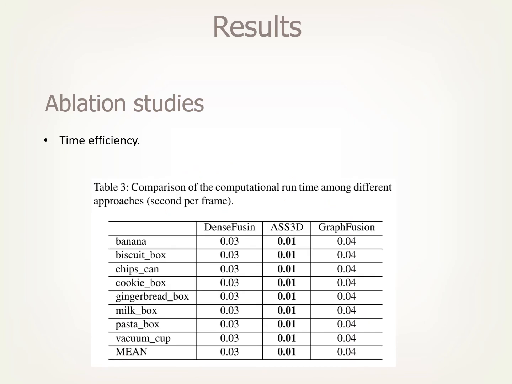Compared with DenseFusion and GraphFusion, ASS3D estimates the pose in a single-shot network. It runs much faster than the other approaches, as shown in Table 3.